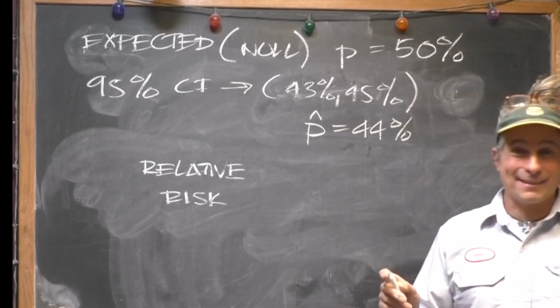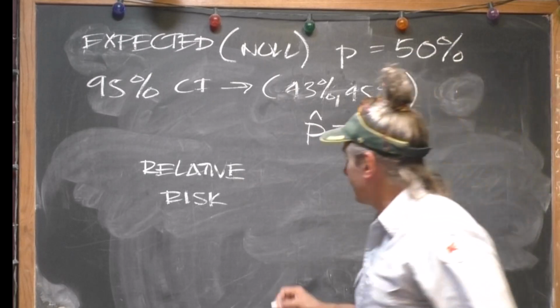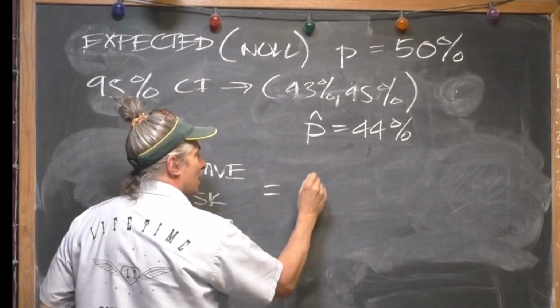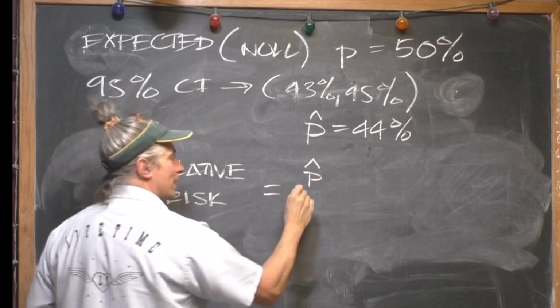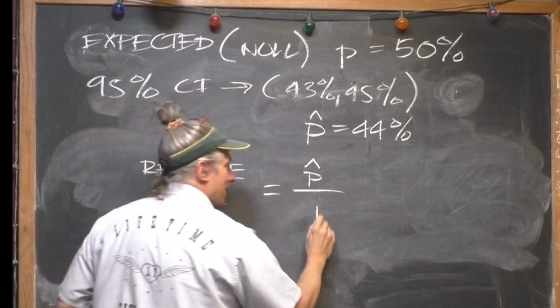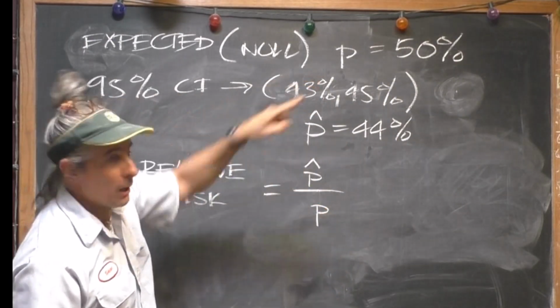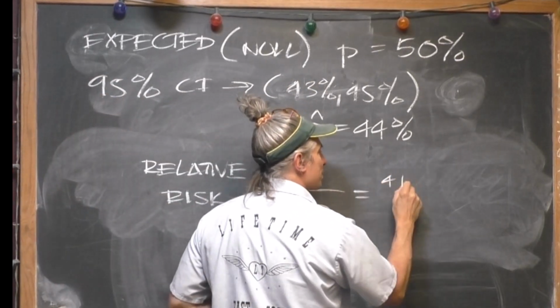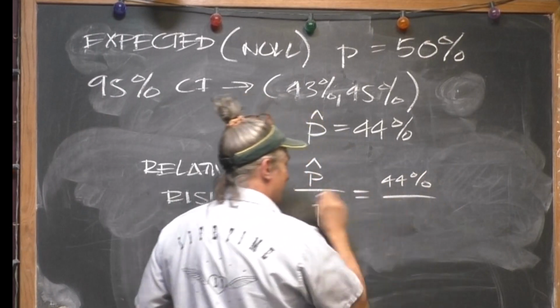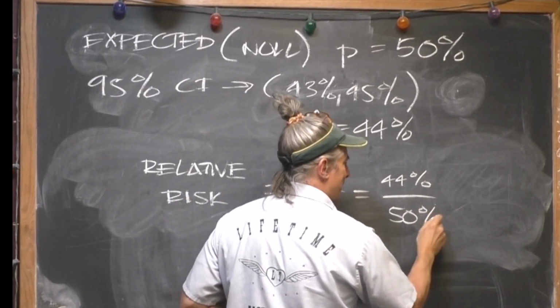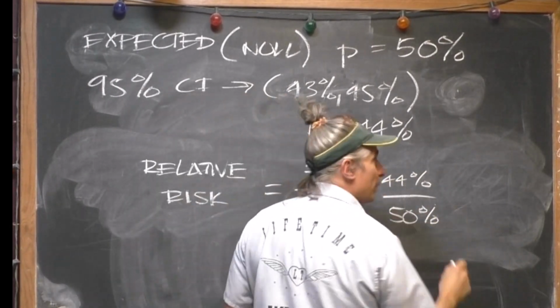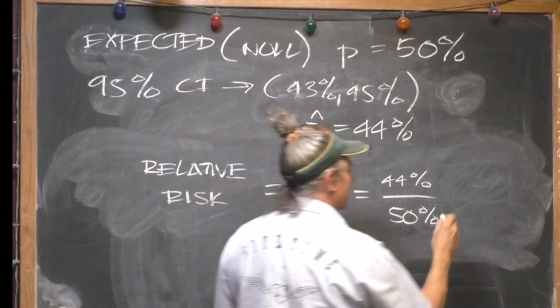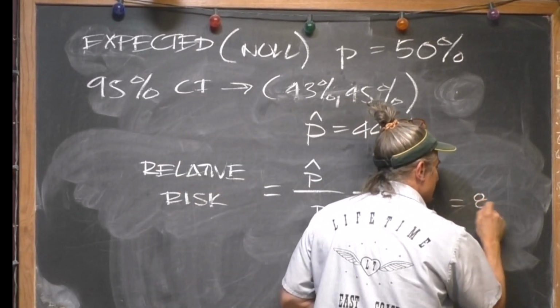Relative risk is actually pretty straightforward. It's a division problem. You take your p hat value and you divide it by your expected proportion value. So in this case, you take your 44% and you divide it by 50%, or 0.44 over 0.5, which, if I do that math in my head right, that's going to be 88%.